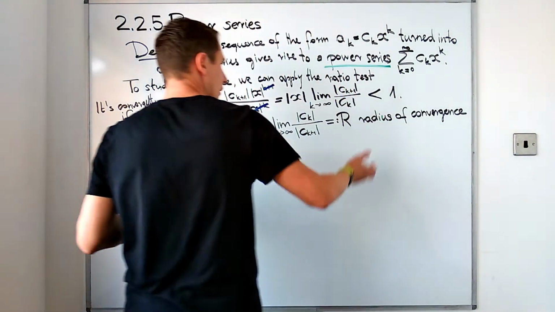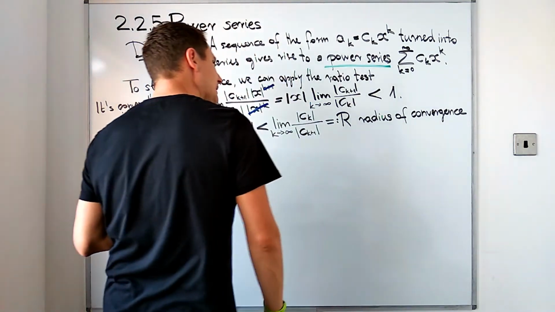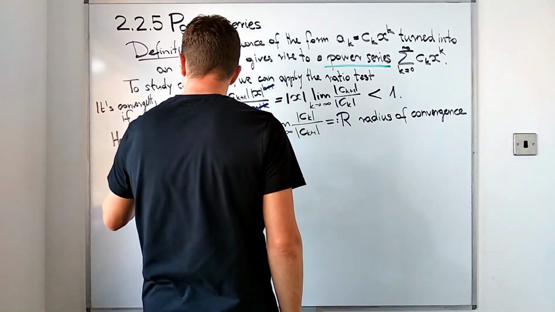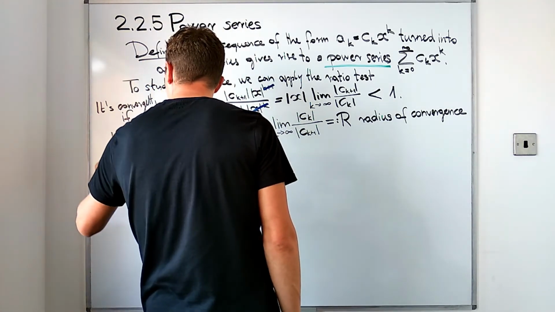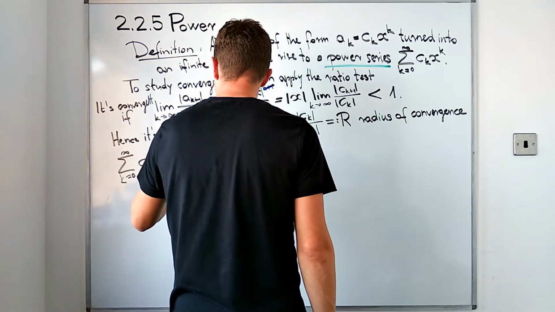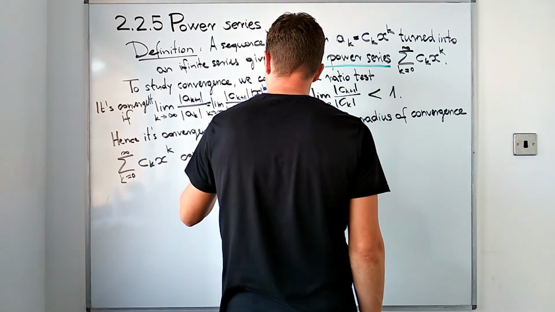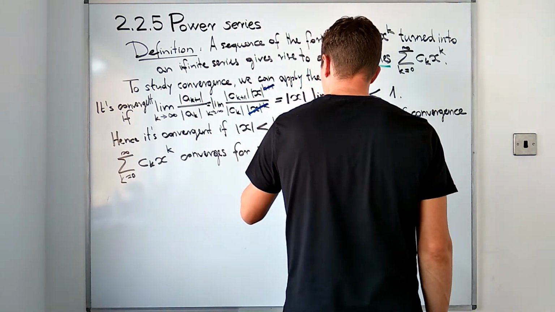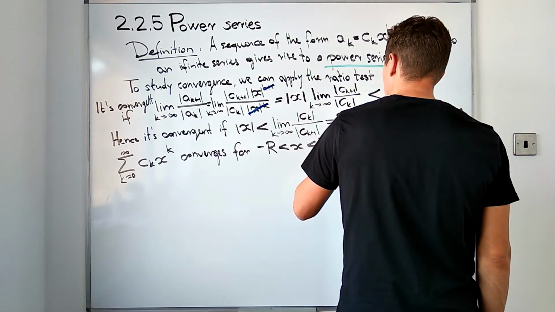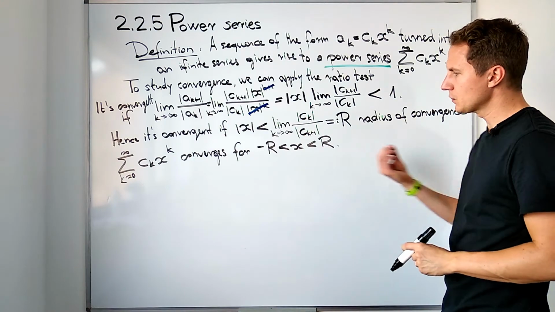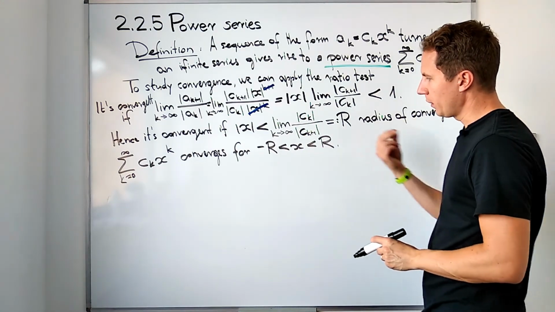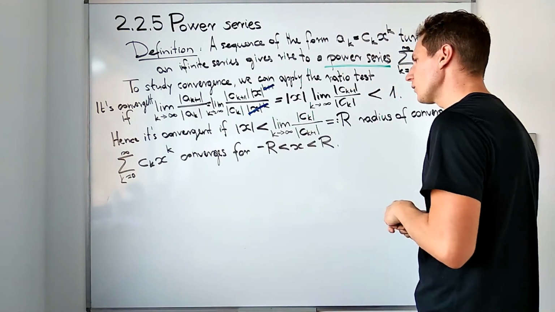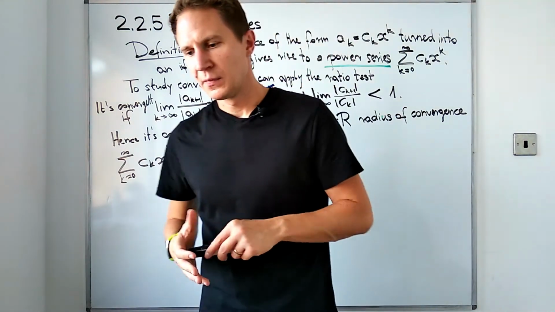The reason for having this name, radius of convergence, is that the sum of c_k times x to the power k, with k going from 0 to infinity, converges for values of x that are between negative R and R. Okay, so it's a radius for x to go both into the positive or negative direction along the real line, to have a convergent series.